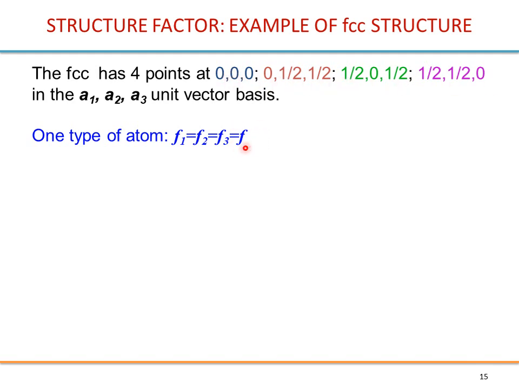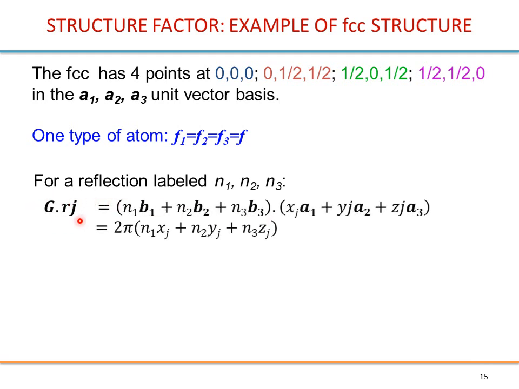One type of atom, so all the f's are just 1. I apologize here, I use n1, n2, n3 instead of HKL. This is because in Kittel's book they use this n1, n2, n3, but in fact it's not a good choice. Just remember, n1 is H, n2 is K, n3 is L. So our scalar product becomes this.